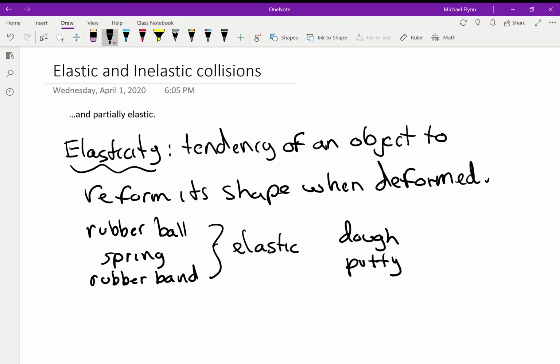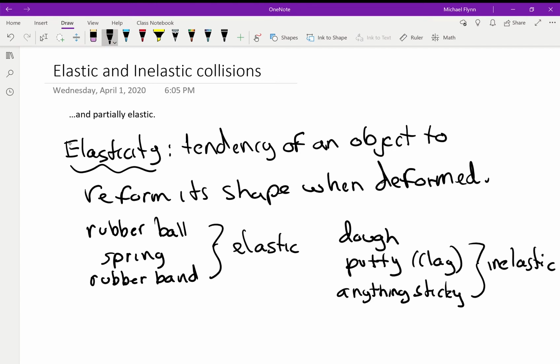You roll it up into a ball. But generally speaking, putty like clay tends to be inelastic. In other words, if you throw a ball of dough on the wall, does it bounce off or does it stick to the wall? So anything sticky tends to be inelastic, okay?